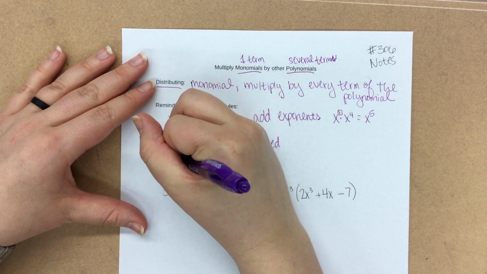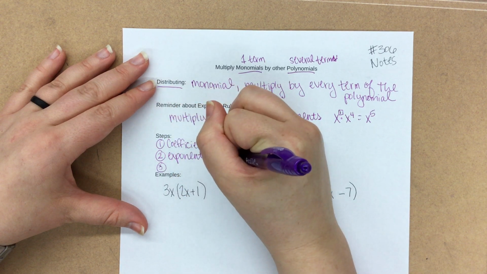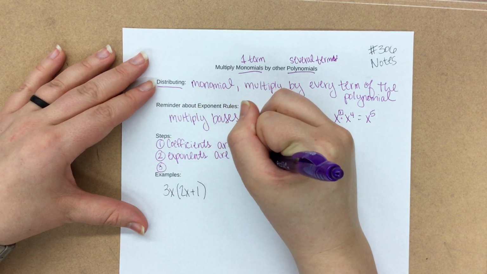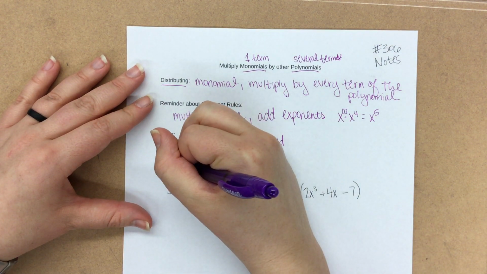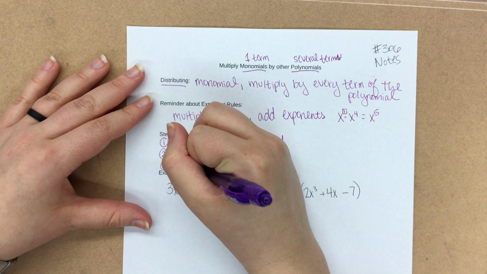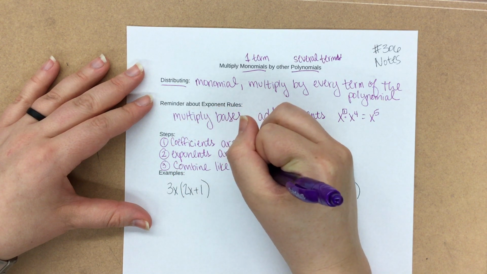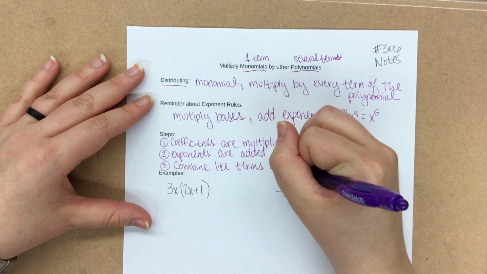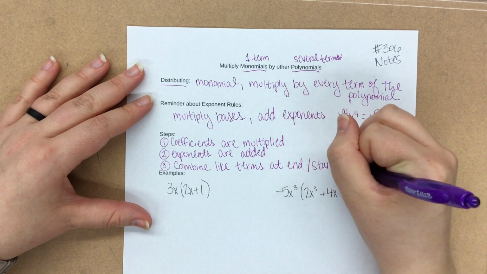Our exponents are added. And then, if necessary, step 3 is that we combine any like terms at the end, and that we put it into standard form.